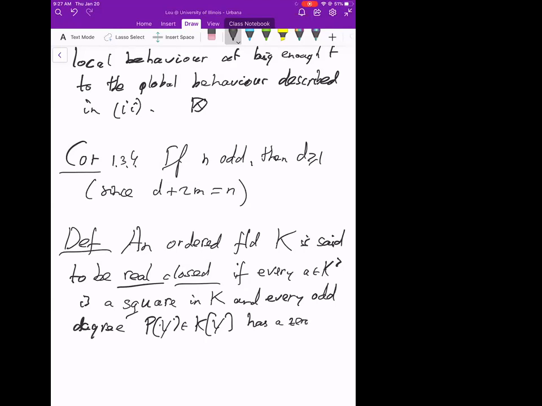Now, one remark: it's enough to consider odd degree polynomials that are irreducible, because if you have an odd degree polynomial, then it must also have an irreducible factor that is odd degree.